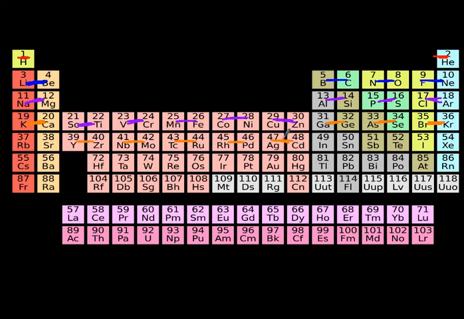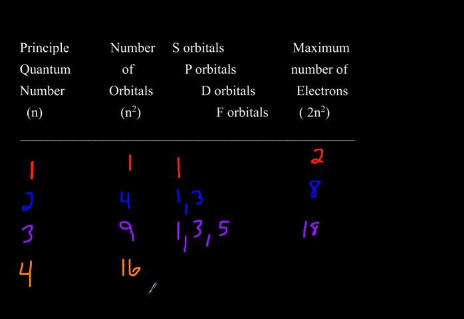Okay, well, I only found 9. Well, the F block begins with 4, so you need to count them here. 10, 11, 12, 13, 14, 15, 16. These guys don't count. They belong up here. So that was 16 orbitals, and that matches up with what we want.